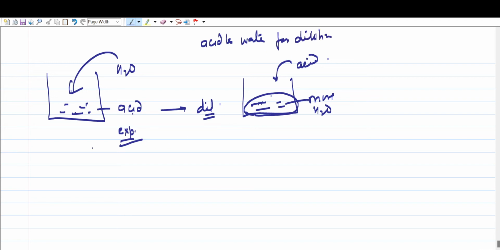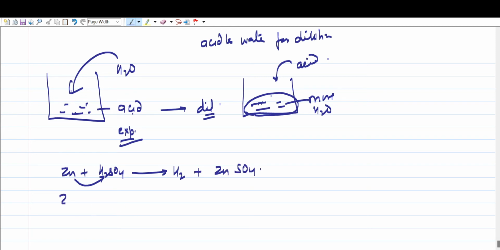Okay. Then we talk about the chemical properties. Like any other acid, इसकी भी same properties होंगी. That means if you take any metal, suppose you take zinc metal and you treat this with sulfuric acid, zinc is lying above hydrogen, so hydrogen gas will be released and you will get the salt, zinc sulfate.